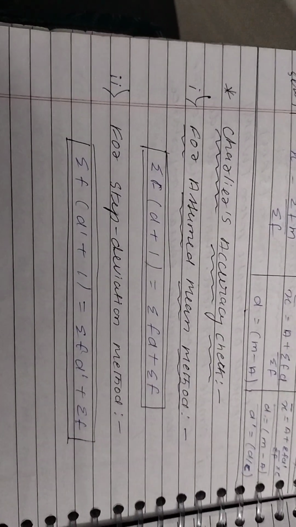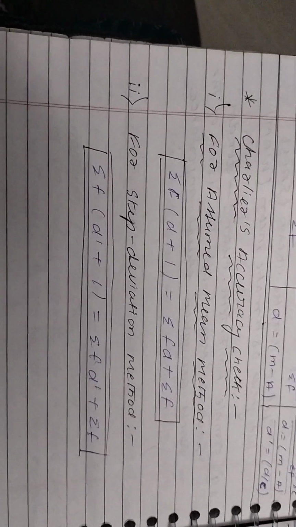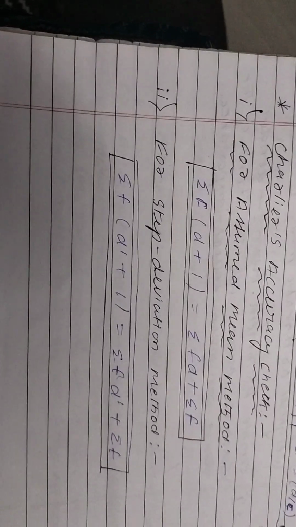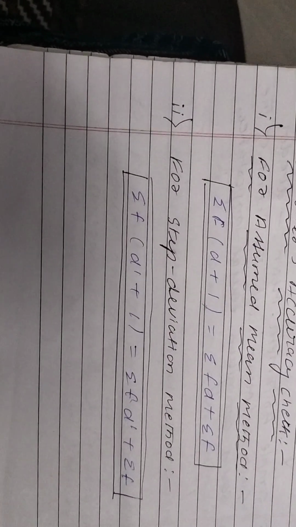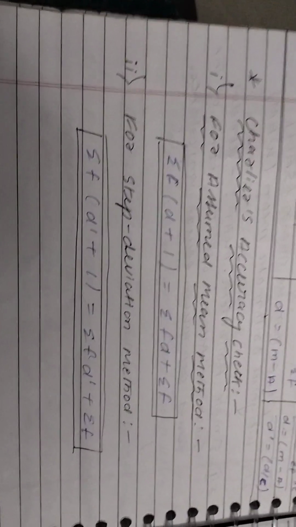Then for the step deviation method, summation f(d dash + 1) equals summation fd dash plus summation f, and you can also write u in place of d dash. And how is d dash calculated? d dash is equal to d by c, where you have to calculate the common factor, but in the formula there is no involvement of the common factor.